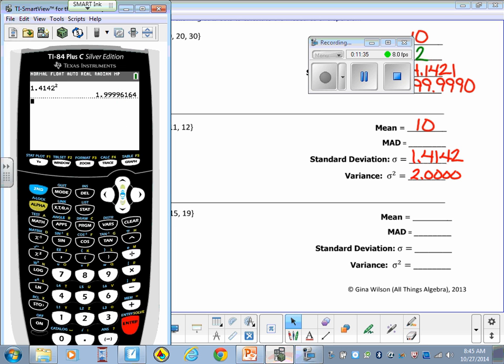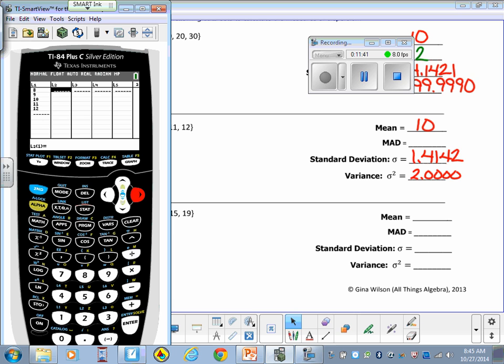I have to go back to stat, edit, and this time I'm in list 2. Arrow to the top so you're in the header. Pick up your absolute value symbol. Okay, we want list 1, so second 1, minus our mean, which is 10.